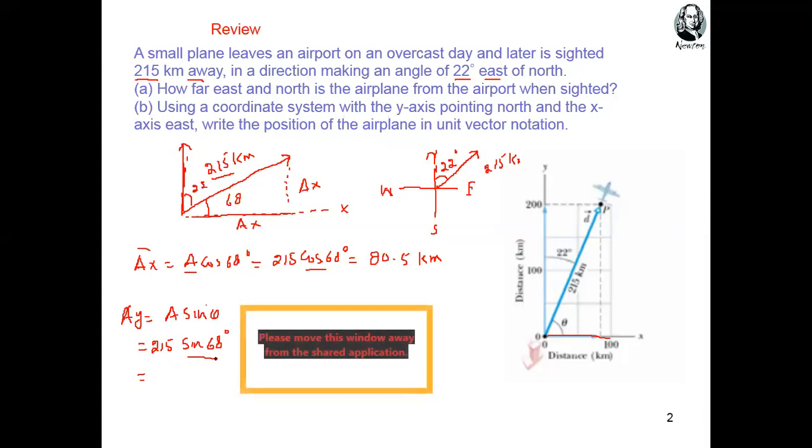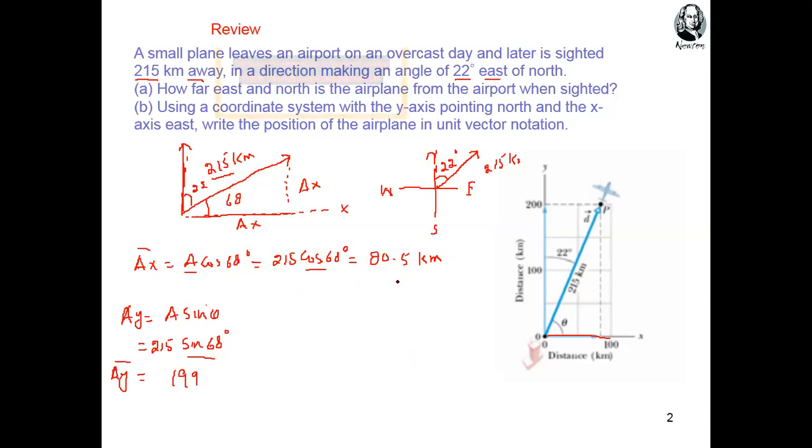So sine of 68 degrees multiplied with 215 equals 199 something, 199. You can write this as 80.5 i for this one, and this one is 199 j.